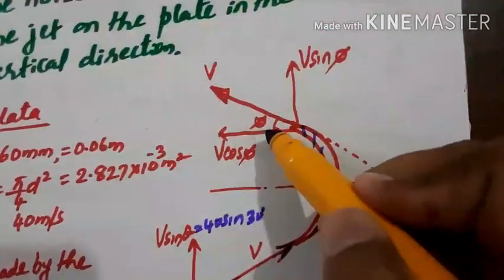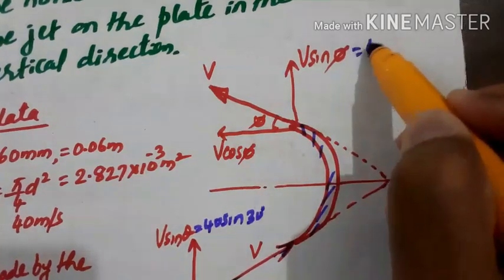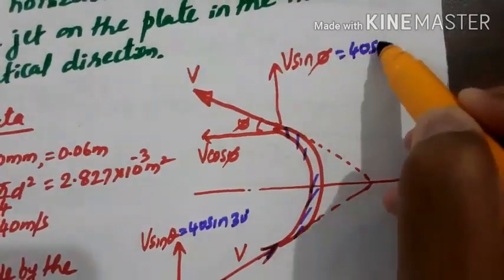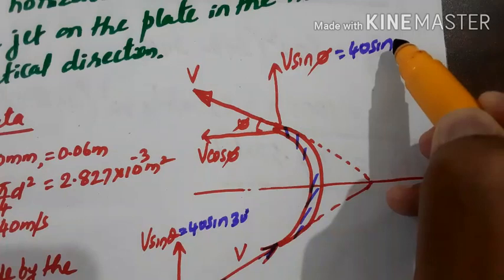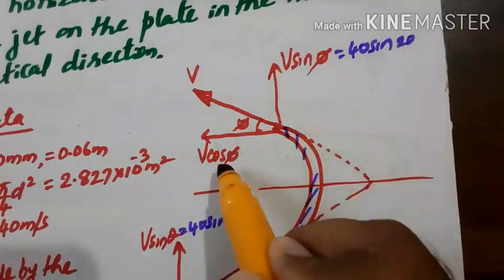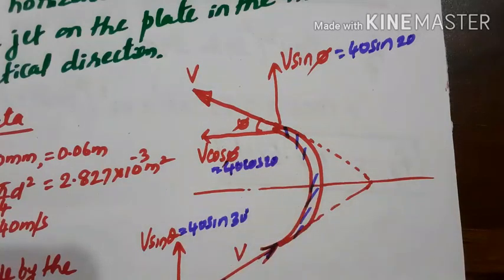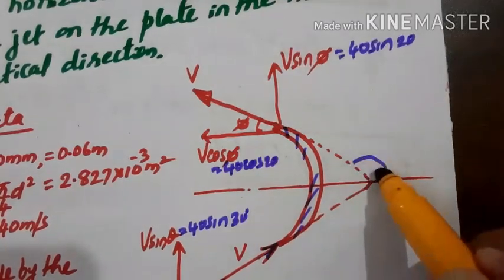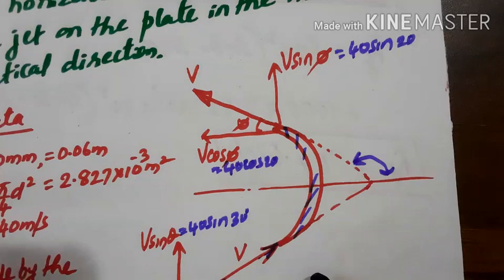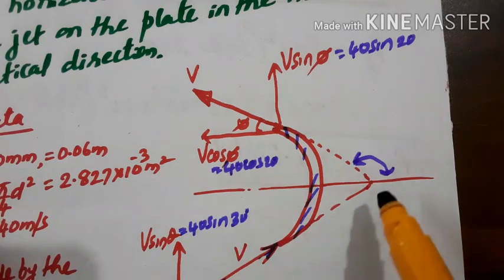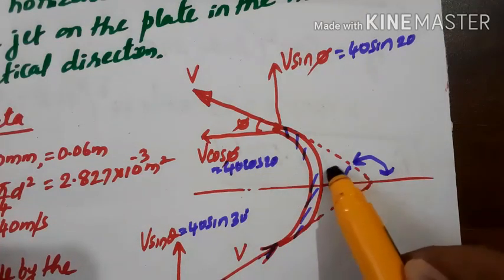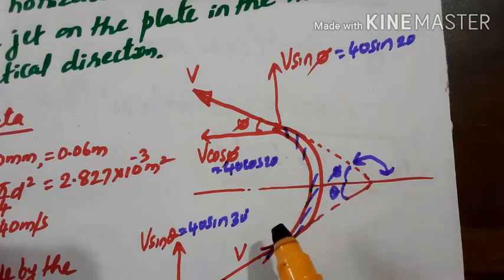Similarly here the phi is given, this becomes 40 sin 20 and this will be 40 cos 20. Okay, and also the deflection angle is also given here. Sorry, the deflection angle is not given. So this is phi, this will be theta, so this becomes the deflection angle.